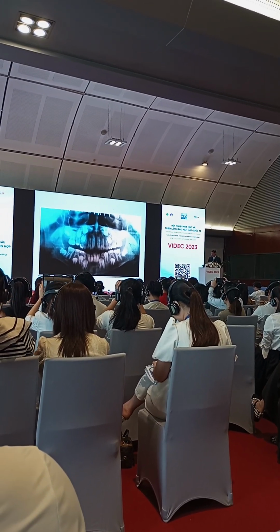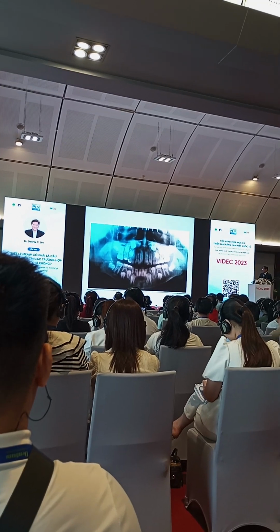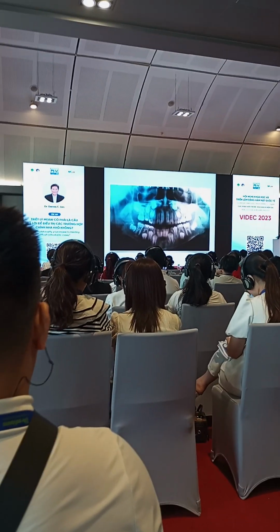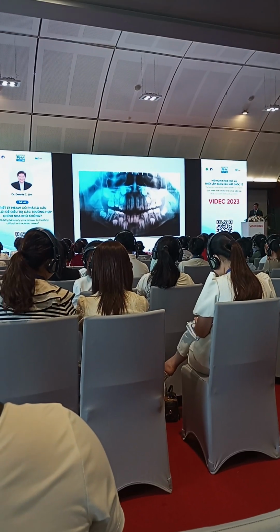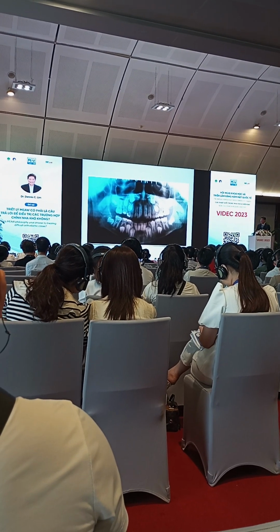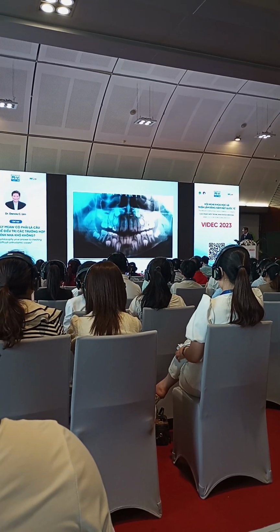And the panoramic shows you the unerupted canines and premolars on the upper and the lower. So if you look here, this is before the dentist did the orthodontic treatment. It looks fairly normal in the panoramic, except for the canine position.